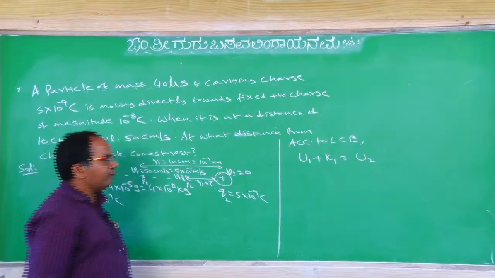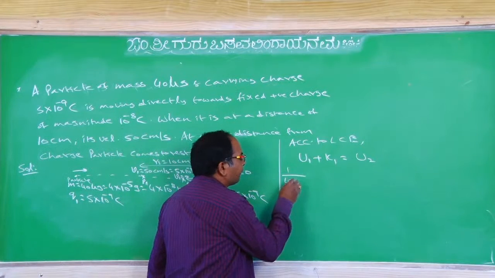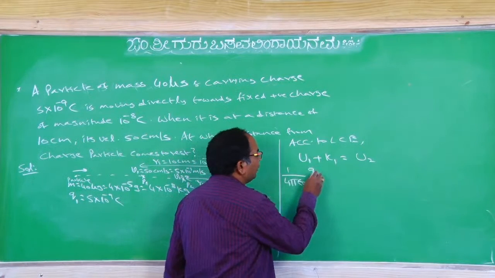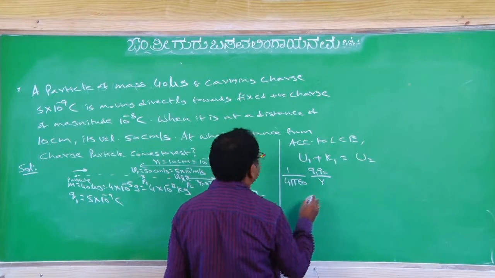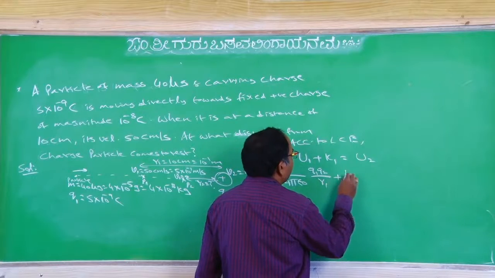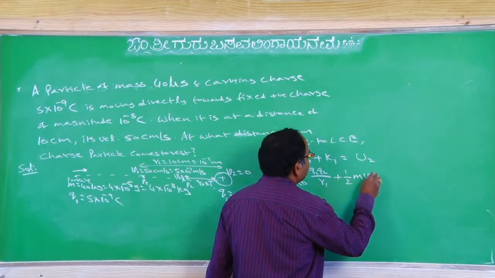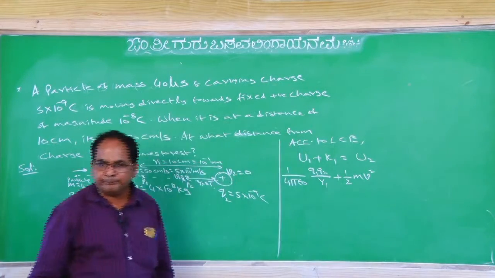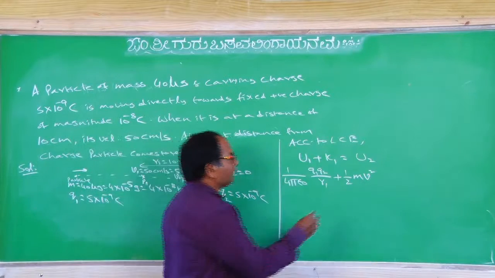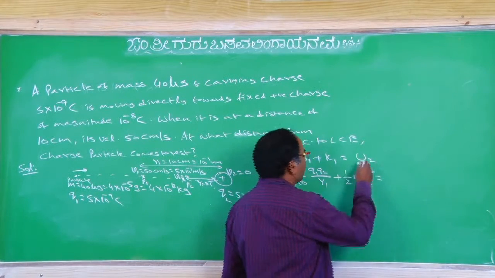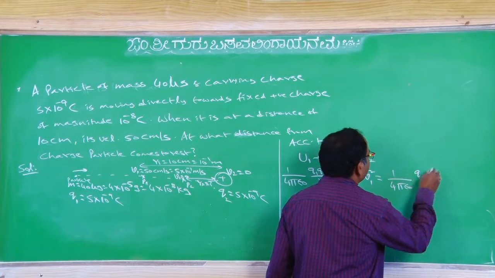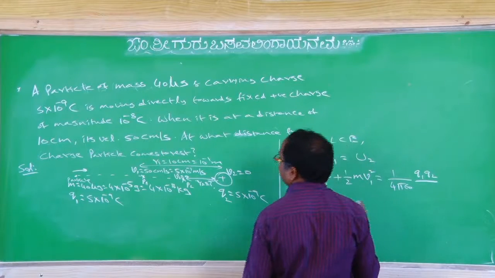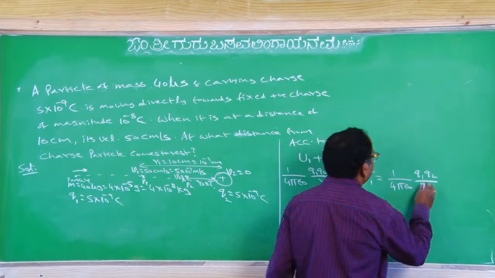Now, U1, what is the formula? 1 by 4 pi epsilon naught Q1 Q2 divided by initial distance R1, plus half m V square, that is V1 square. U2 is 1 by 4 pi epsilon naught Q1 Q2 divided by R2, which we want to find out.